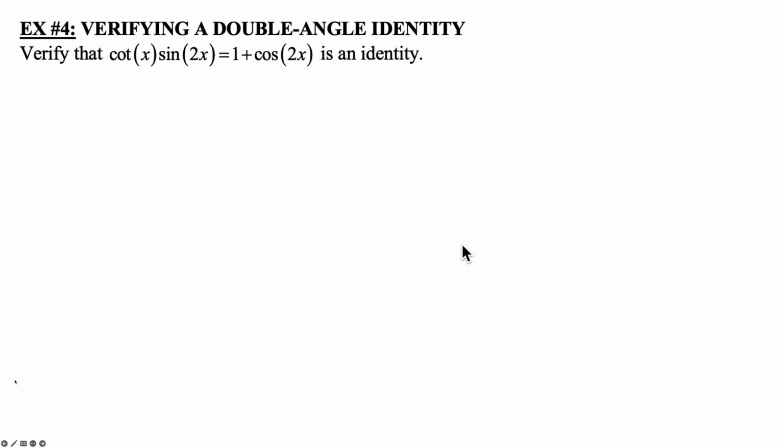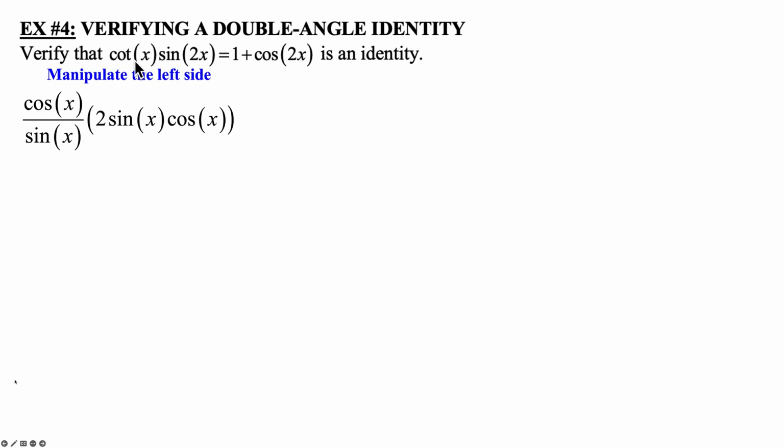Example 4, verifying a double angle identity. This one is going to be difficult. You have to kind of look where we need to go, because you'll notice that there's a double angle in each side. So I'm going to work the left side because I've got a cotangent to work with.